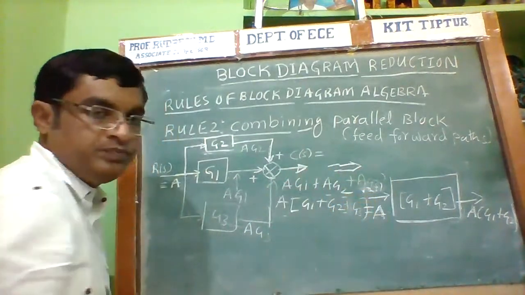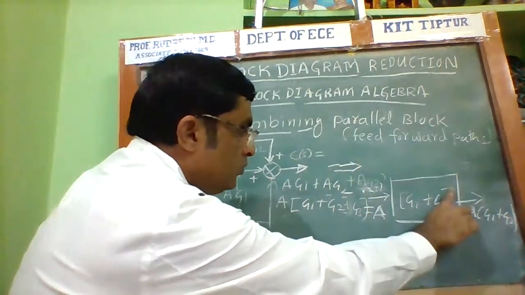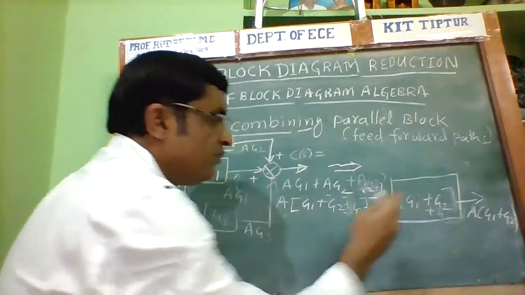If I remove the A, then we should place G1 plus G2 plus G3.